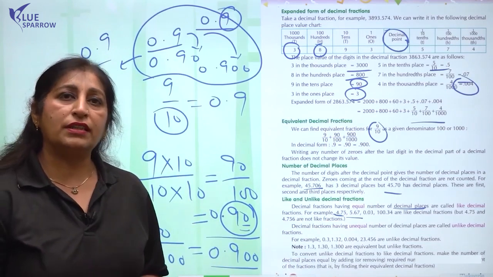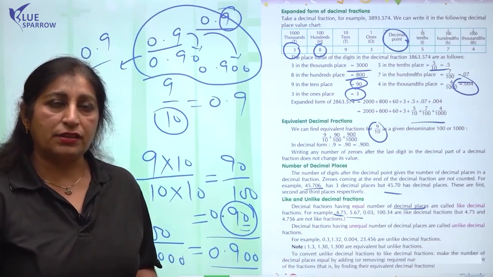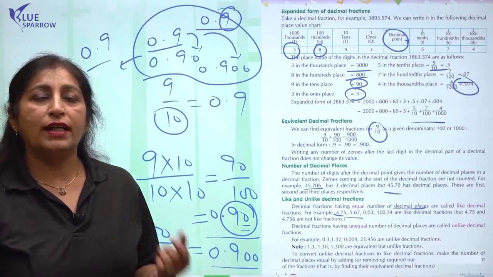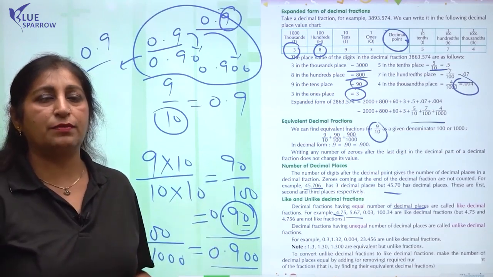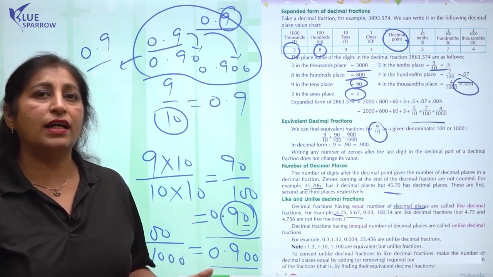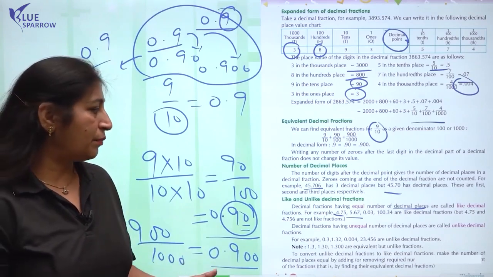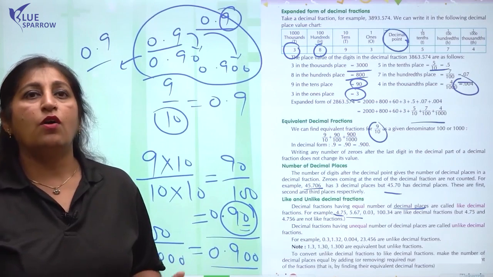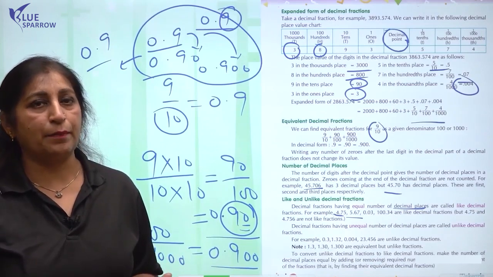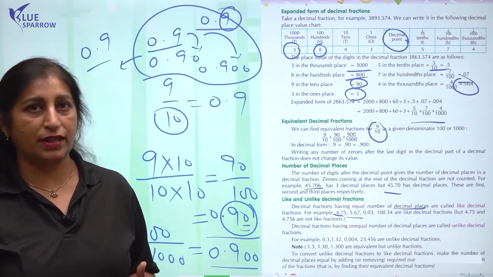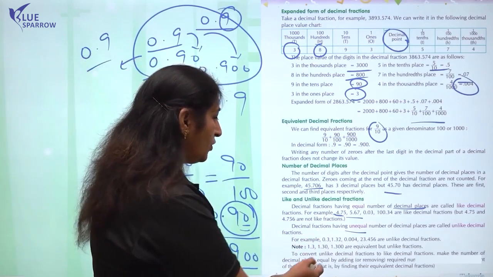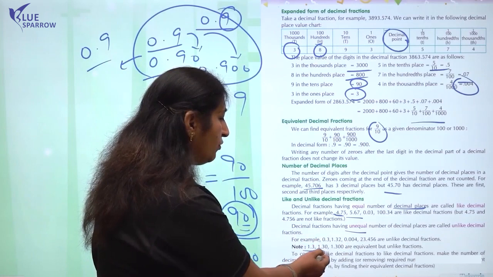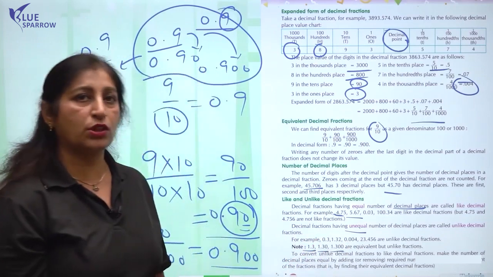Conversely, decimal fractions which do not have an equal number of decimal places are called unlike decimal fractions. For example, consider 1.3, 1.30, 1.300.